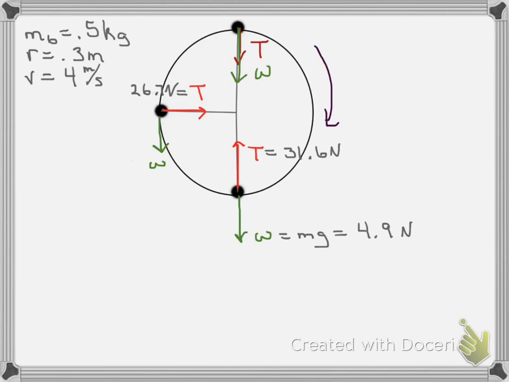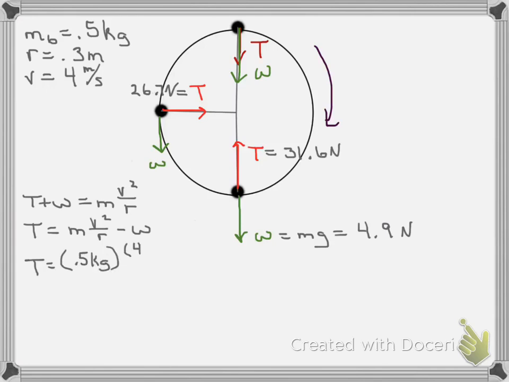But unlike the first example we did, where the ball was at the bottom of its swing, this weight force is actually positive because it points towards the center. So let's apply Newton's second law of motion. Tension plus weight equals mv squared over r, and solve for T. And we get that the tension here is 21.8 newtons.